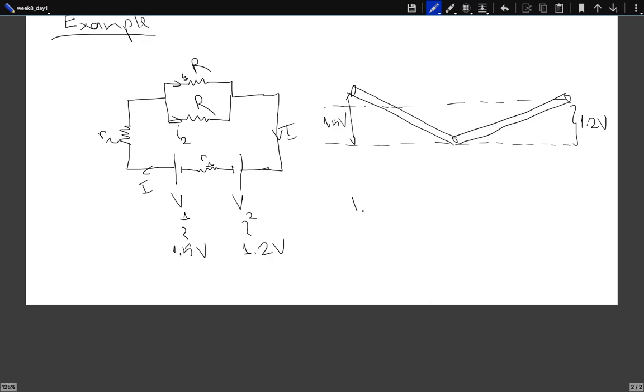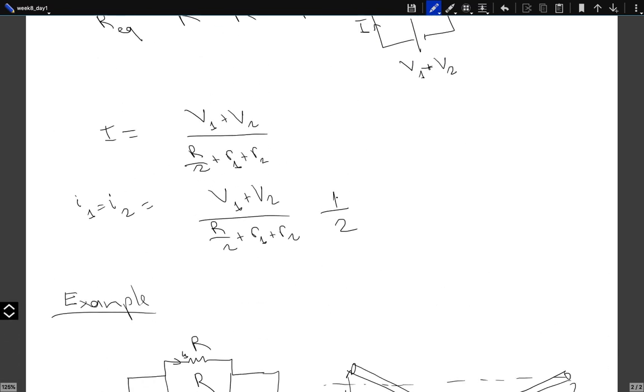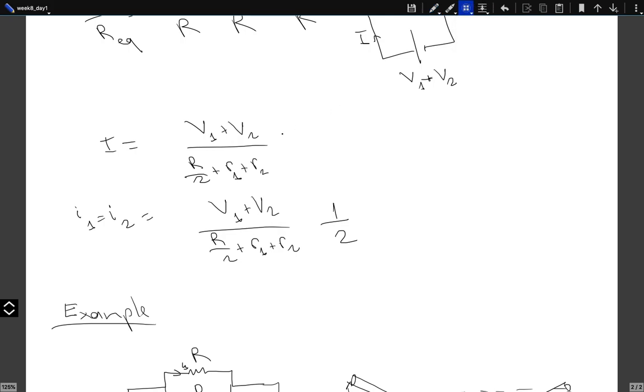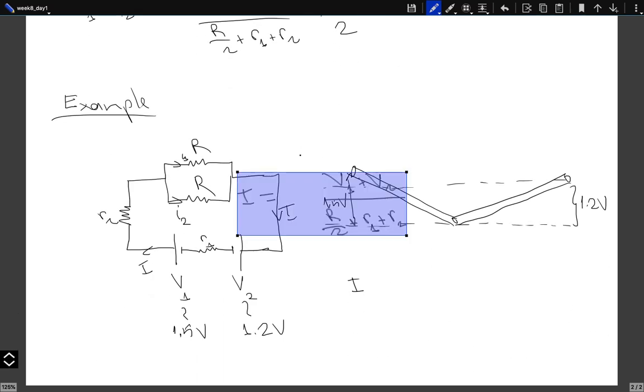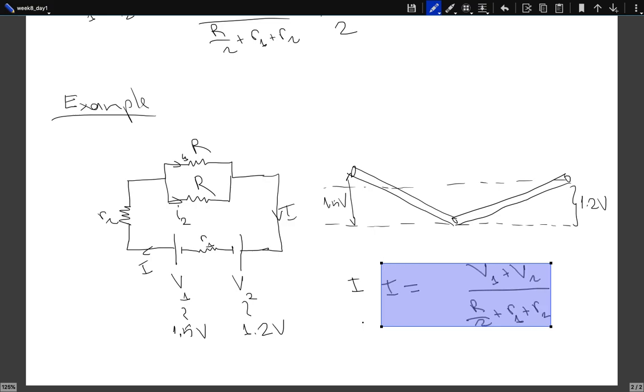So what will be the current? You see, before this was the current. What will be the current now? It's just a minus.